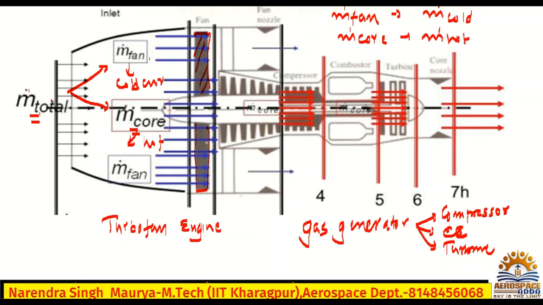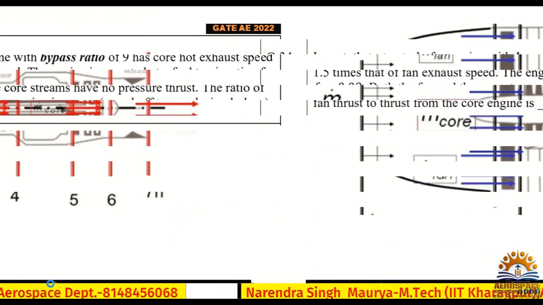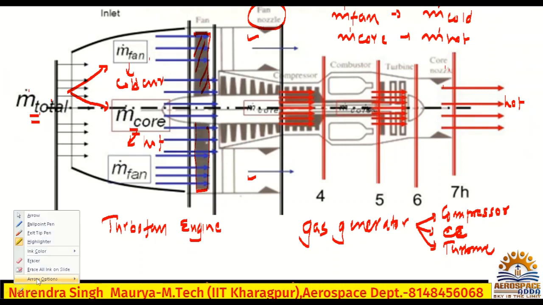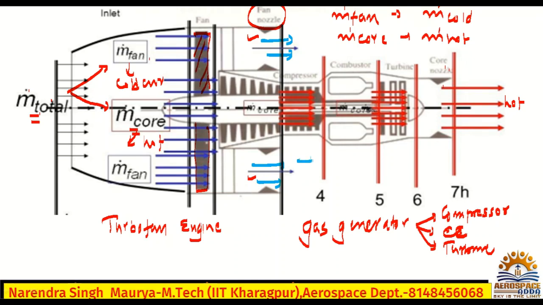Hope you understood. So this is the nozzle which is called the cold nozzle, or you can say fan nozzle. Similarly here also. And this is called the core nozzle, which is also called the hot nozzle. Check these red streams here, it is showing hot air. And if you check this diagram, the blue air coming here means cold air.